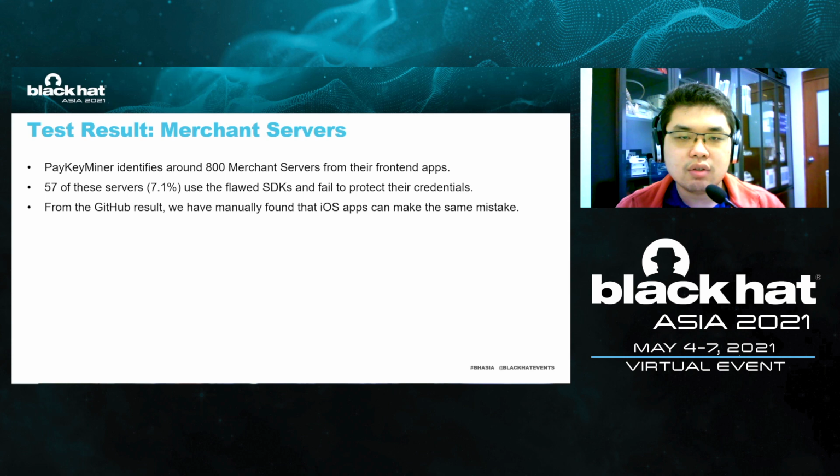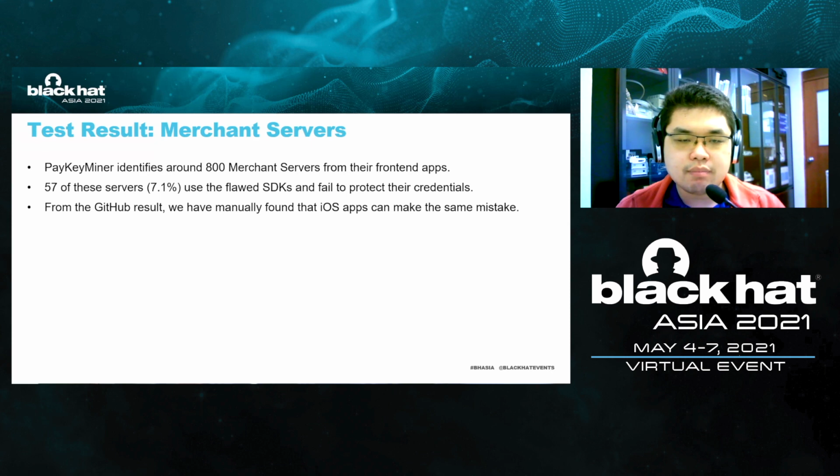Now let's turn to the results from merchant servers. Our tool has recovered around 800 notified URLs or merchant servers from Android APKs. The other apps do not embed their notified URL, while its value is still visible at runtime.